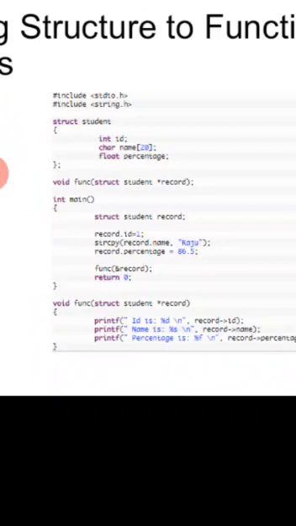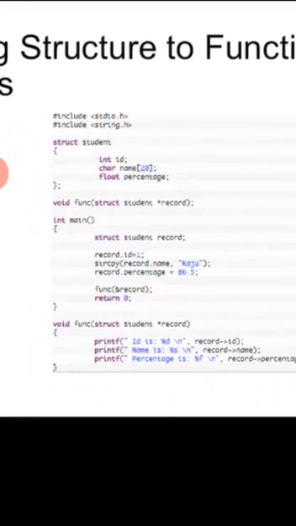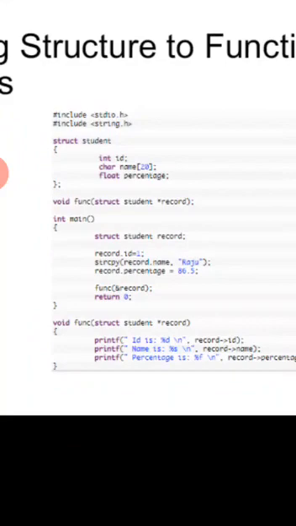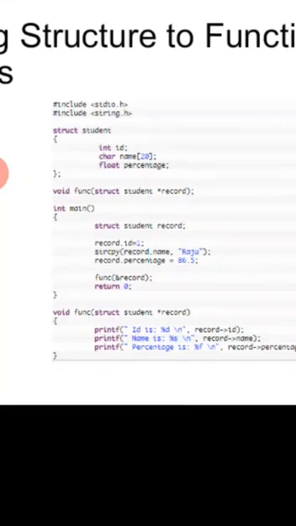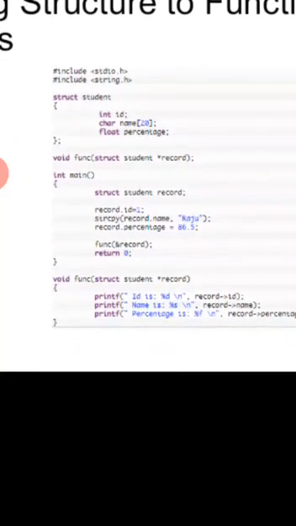If you compare with the previous program, in this program we have struct student pointer record as a pointer variable. In the previous program we have not used a pointer variable, we have just used a normal structure variable record. Getting my point, guys? In the calling part, we have used func with the address operator and record. In the previous program we just wrote record.